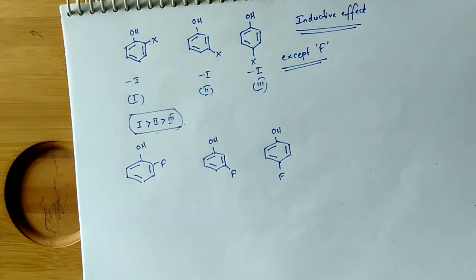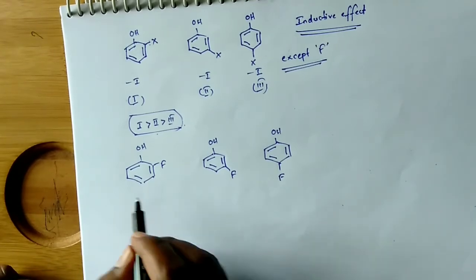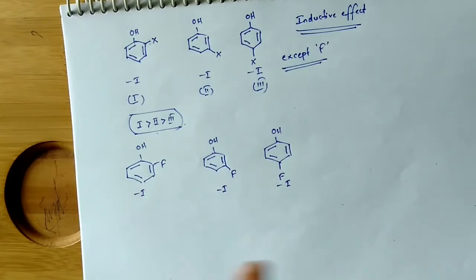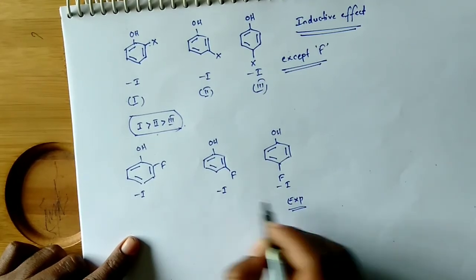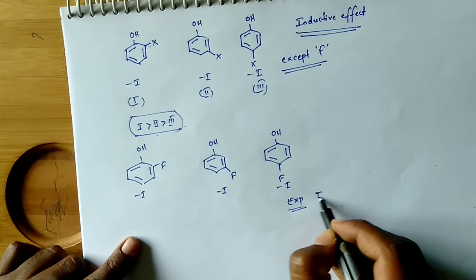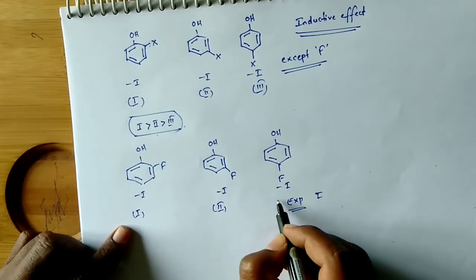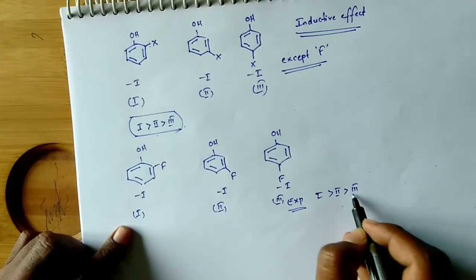Okay, here we know that fluorine is a strong minus I group. Here minus I effect, and here also minus I effect is common. Okay, so the expected order is that species 1 is more acidic, then species 2 is more acidic than species 3. This is the expected order, but the actual order varies from the expected order.